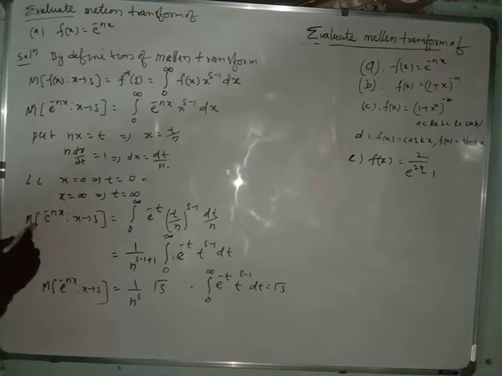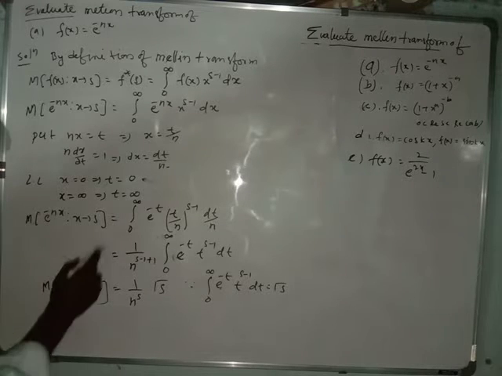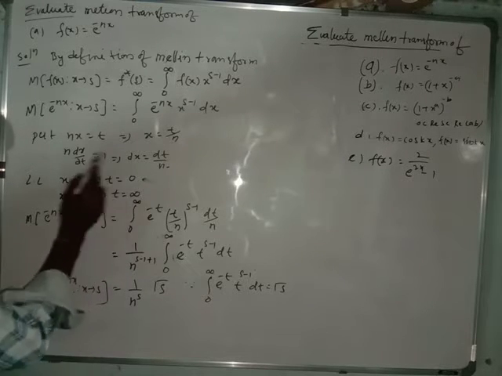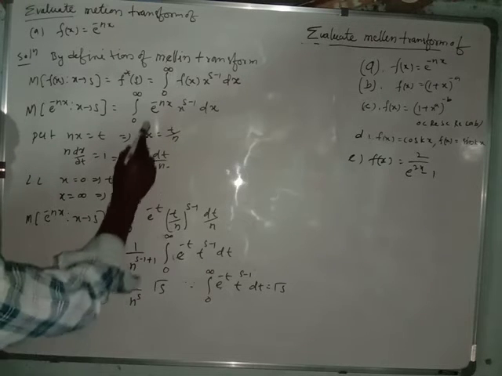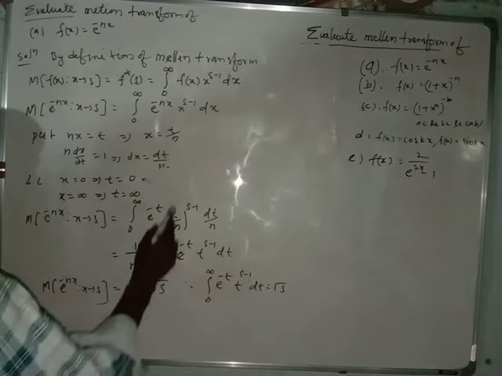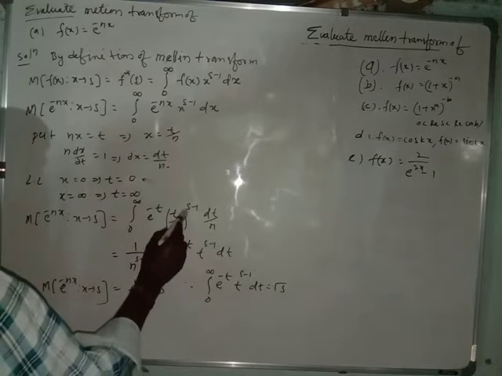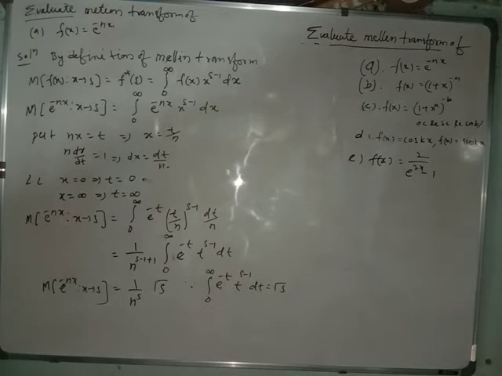Now the Mellin transformation of e to the power of minus nx equals, substituting these values in this equation, the integral from 0 to infinity of e to the power of minus t times (t by n) to the power of s minus 1 times dt by n.